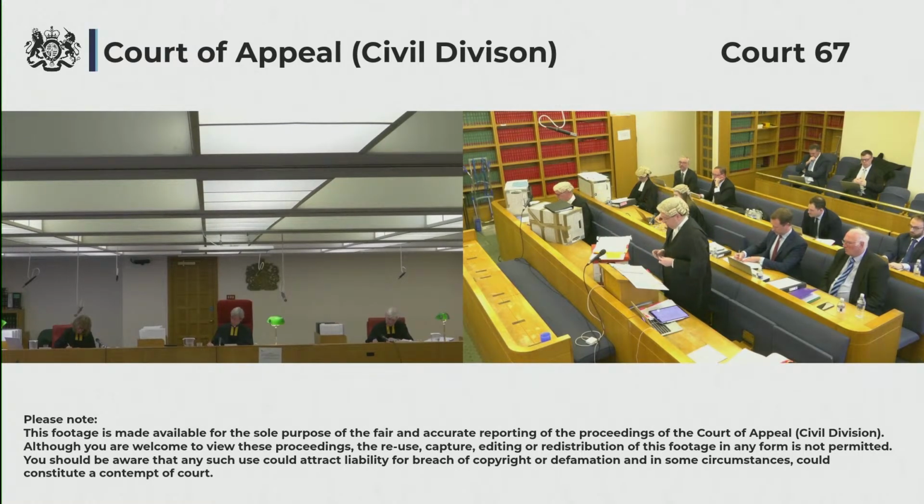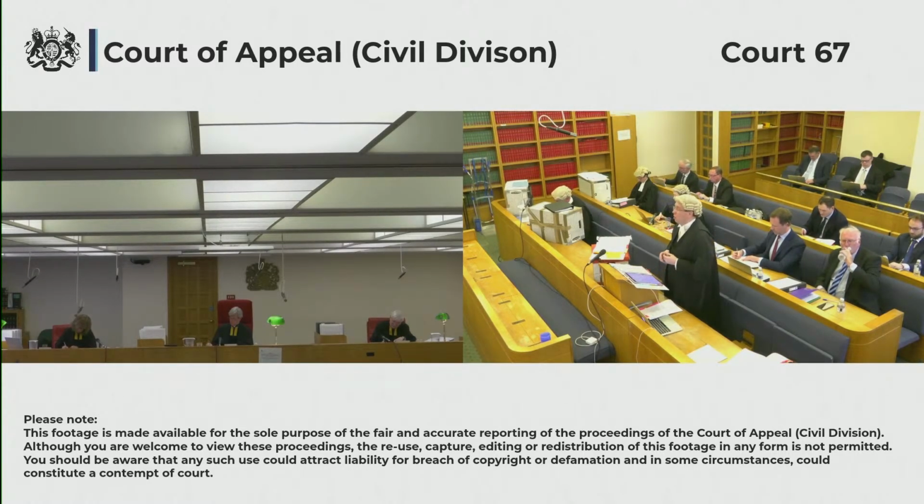So on issue 3, all that needs to happen in order for Schroeder's to have made a relevant claim is that it needs to have made a claim for double taxation relief. That's my submission. And I'm sure the court recalls the form; we can look at it again.